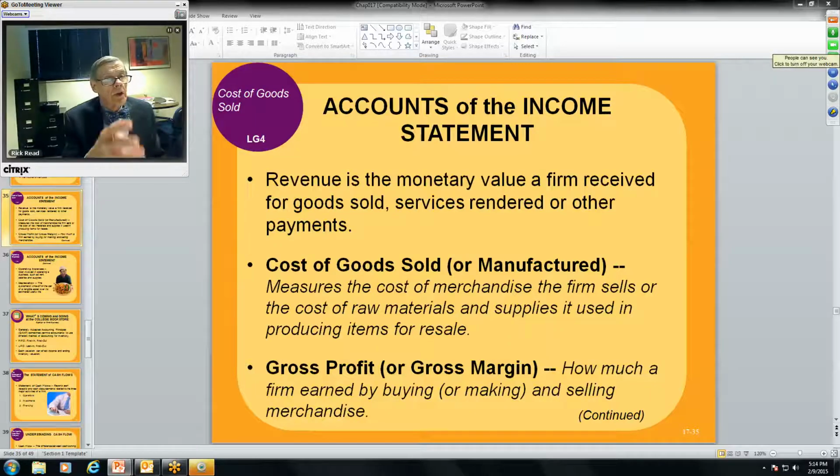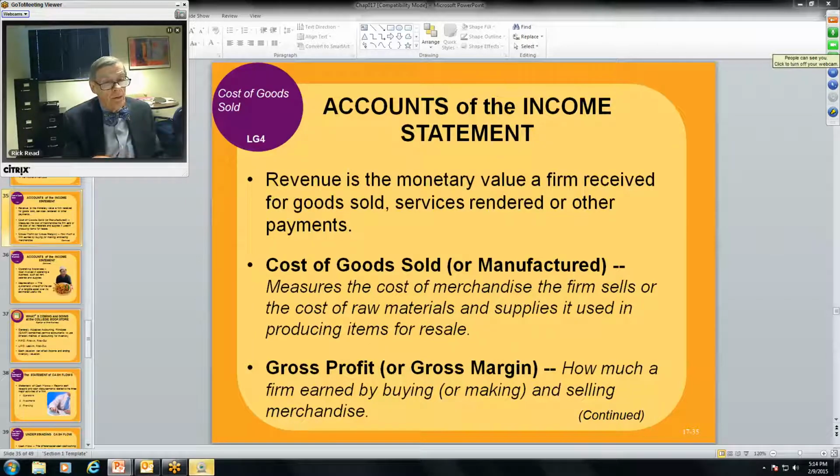Now here's what revenue is: what we receive. Remember, it's what we receive from goods sold and services rendered and things of that nature. So cost of goods sold, either what we sold because we buy something and sell it, or what we made, measures what it cost us, the cost of merchandise the firm sells or the cost of raw materials.